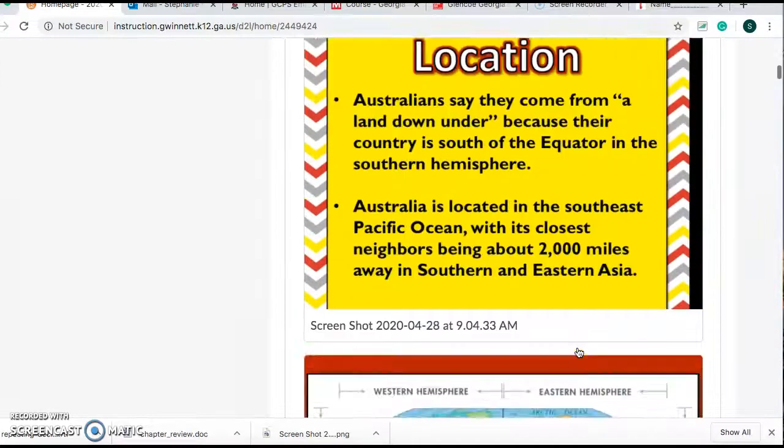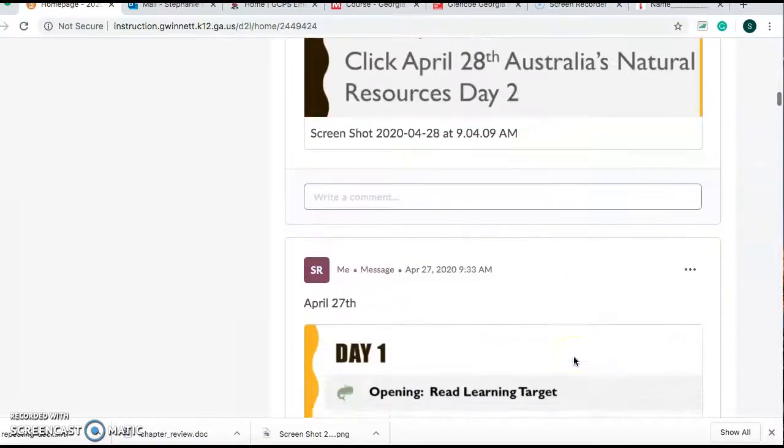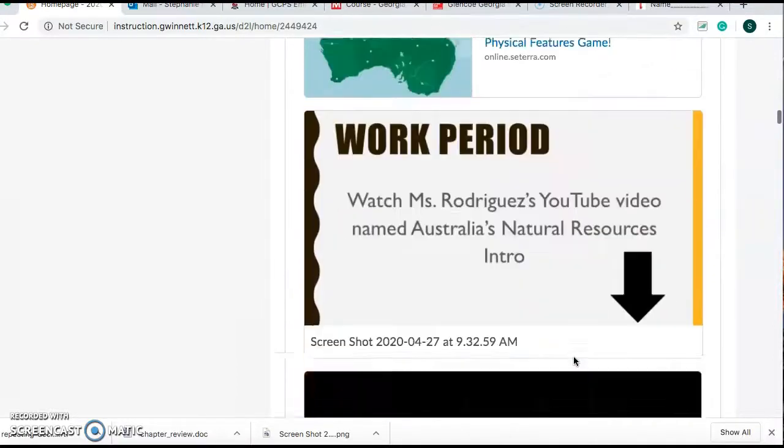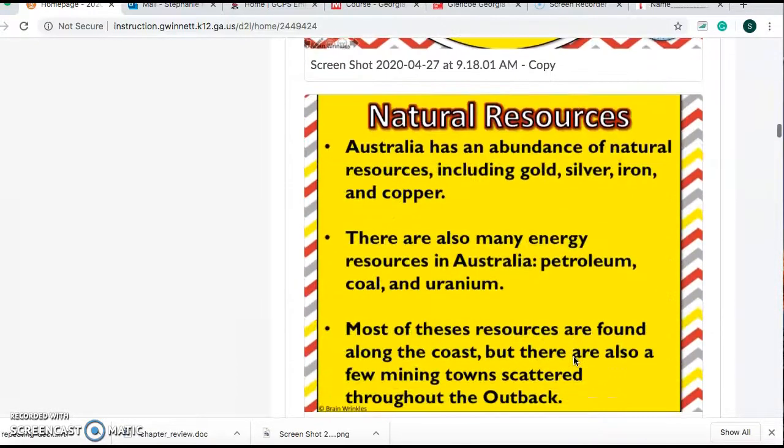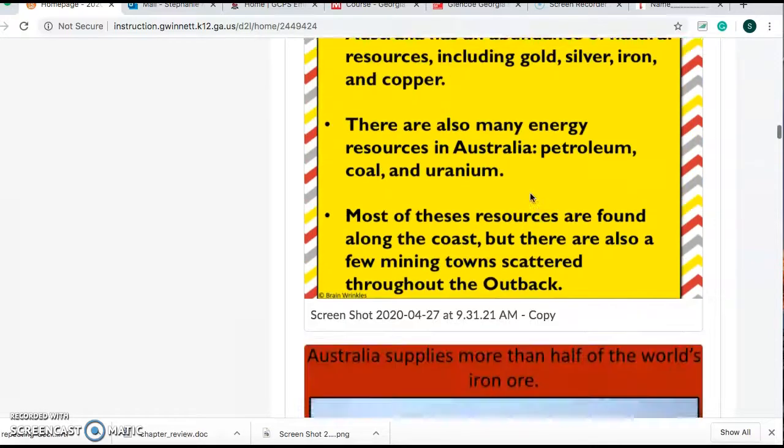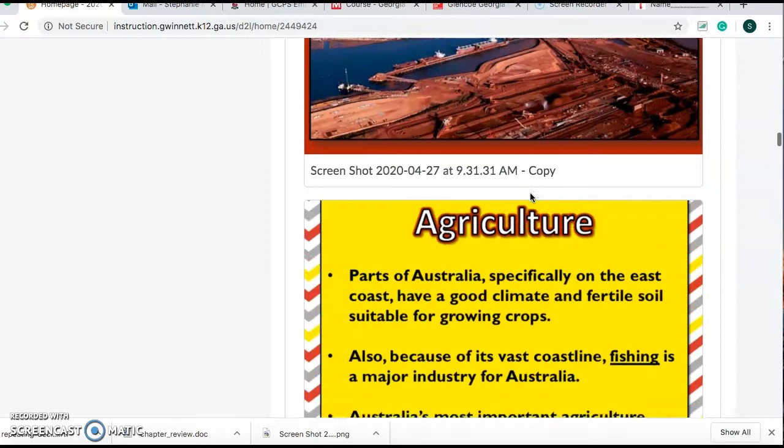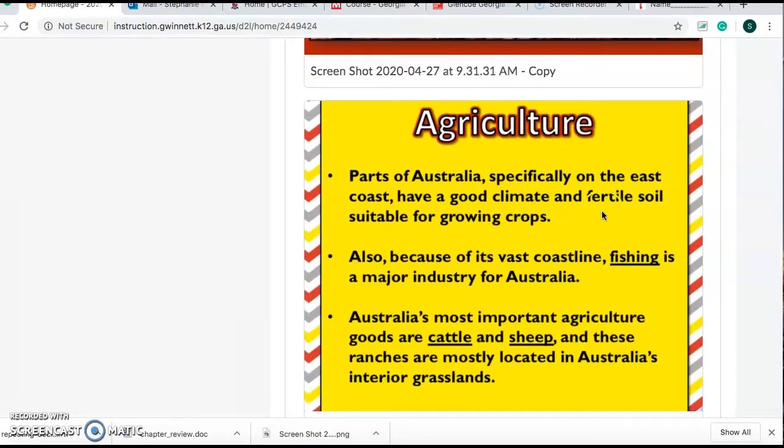Now, yesterday, we learned a little bit about the climate in Australia. We can scroll down here to look at that before we go back up if you want to do a little review. We learned that they have a ton of gold and silver and copper, that they're abundant, meaning they have more than they need, that they can grow a lot of crops because they have a lot of fertile soil along the ocean or the coastline.